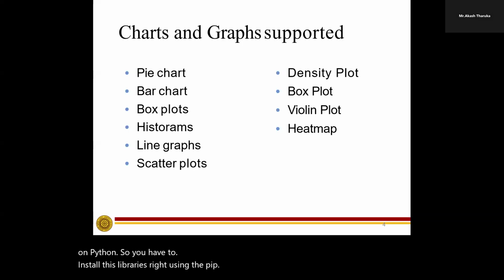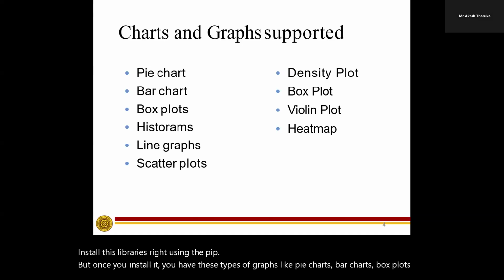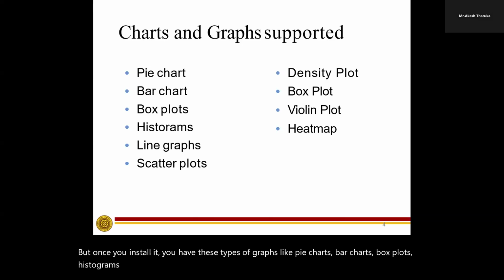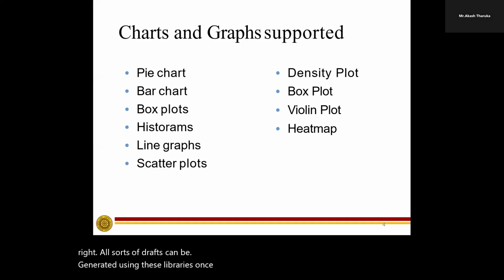But once you install it, you have these types of graphs like pie charts, bar charts, box plots, histograms, line graphs, scatter plots, density plots, violin plots, heat maps. All sorts of graphs can be generated using these libraries once you install them.